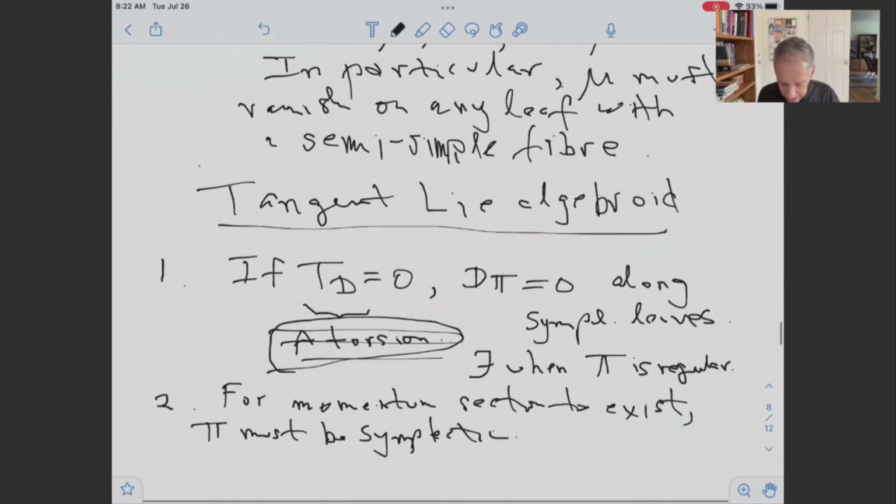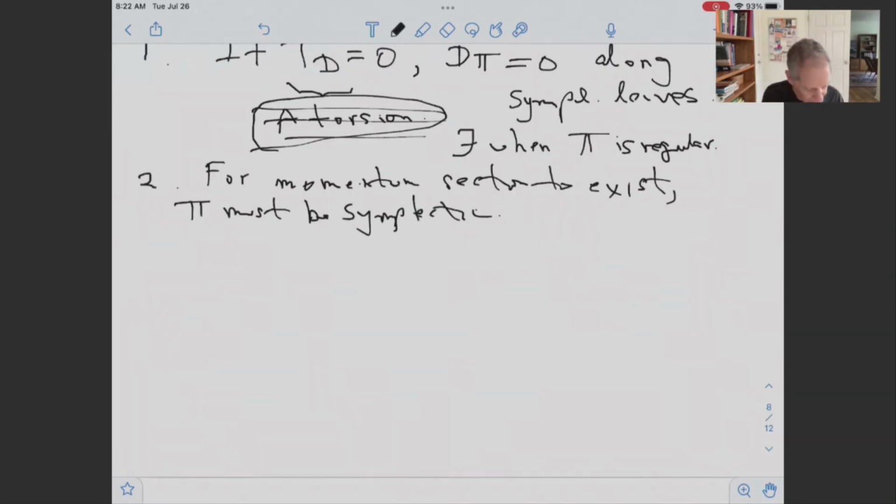For the momentum section to exist, the momentum section can also be thought of as a vector field. And it turns out, because we already looked at the symplectic case, that this exists if and only if there's a suitable connection such that there's a momentum section for that connection.